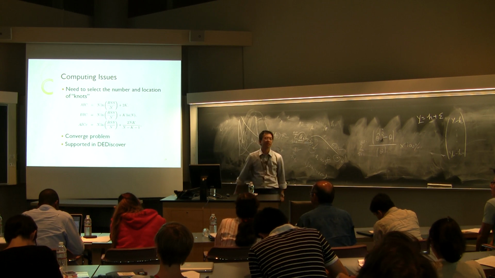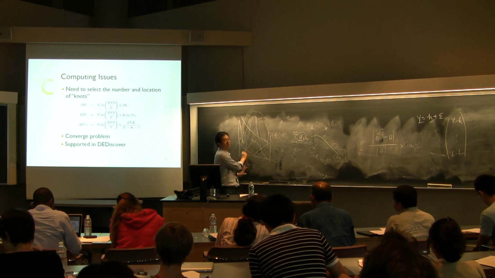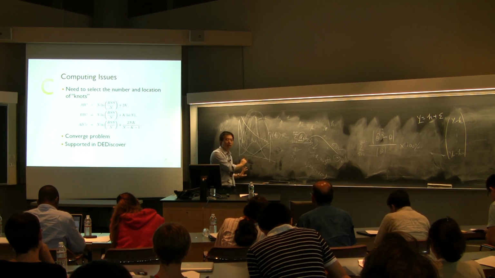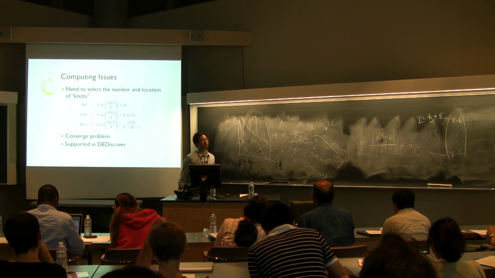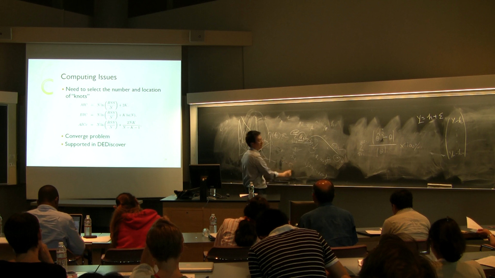Of course, like I said, you need to do model selection. You need to select how many basis functions you want to use, supported by data. You cannot use too many. 100 is too much. Here I can use 3 to 5, which will be enough.